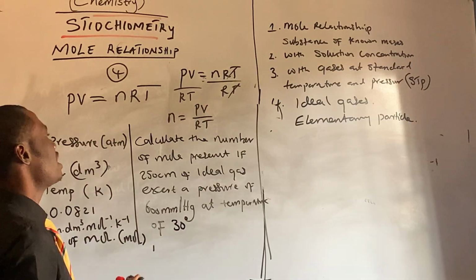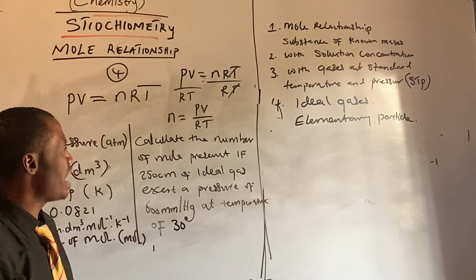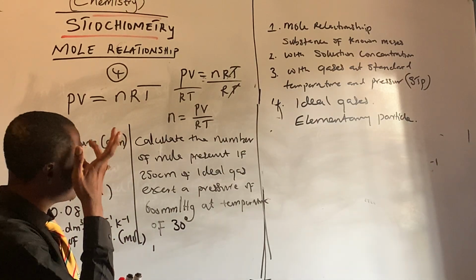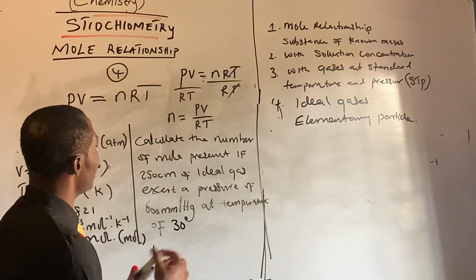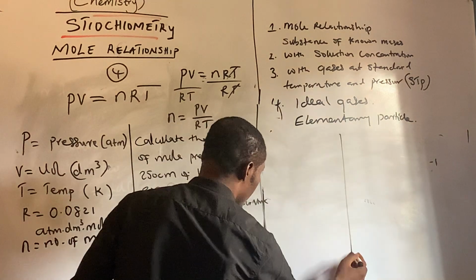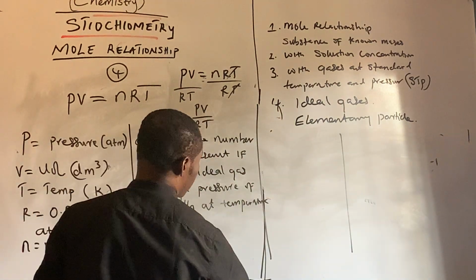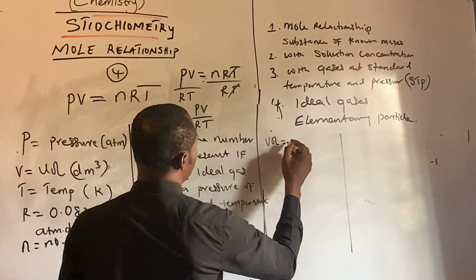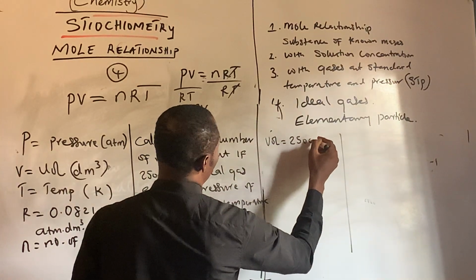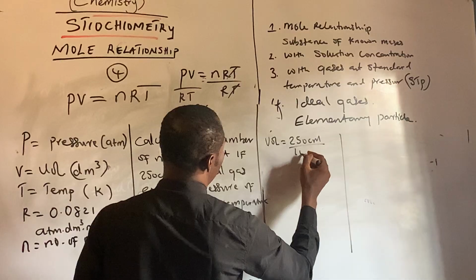Okay, now there are so many conversions that we need to do here. We'll start from converting 250 cm³ to dm³. That's the first conversion. So let's do our conversions. We're converting volume. Volume is 250 cm³. Now we're dividing it by 1000.